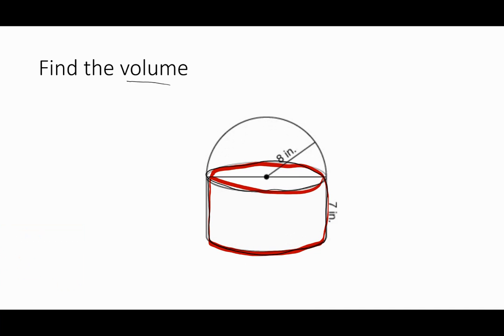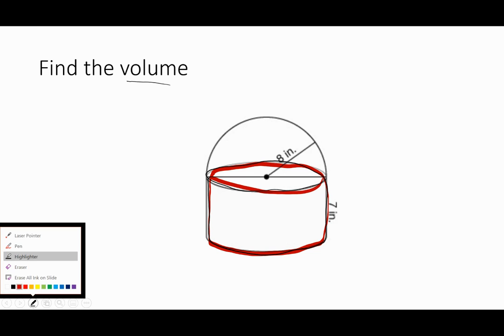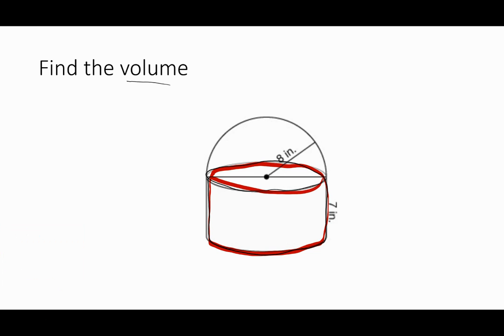I know it's a cylinder because it has a circle at the top. If it didn't have a circle, it would be a rectangle. So the volume of a cylinder is always the area of the base times the height.